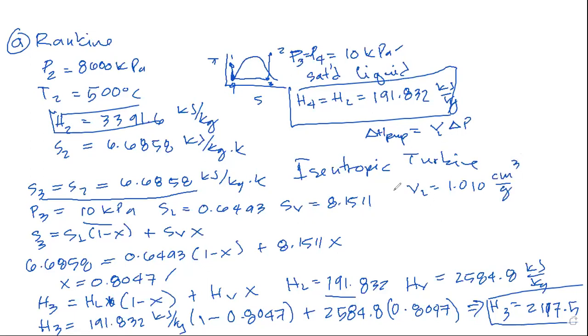So, let's calculate this. This is the formula. You need some conversion. If you start with 1.010, you need to convert it to cubic meter. To get cubic meter, divide it by 1,000 squared.